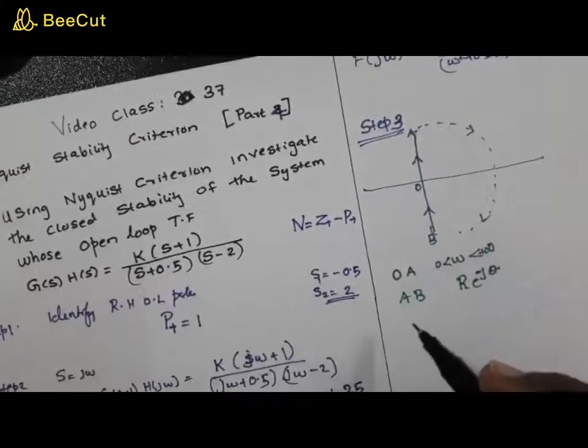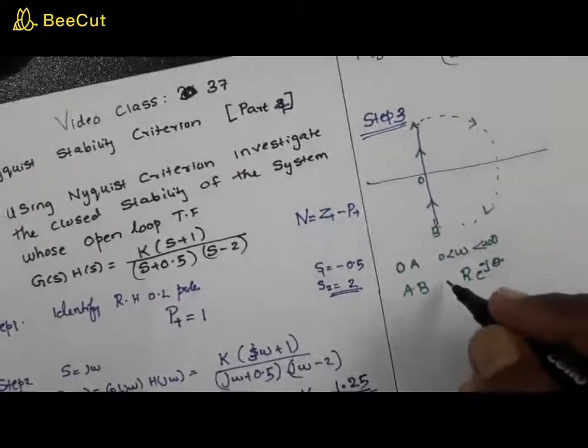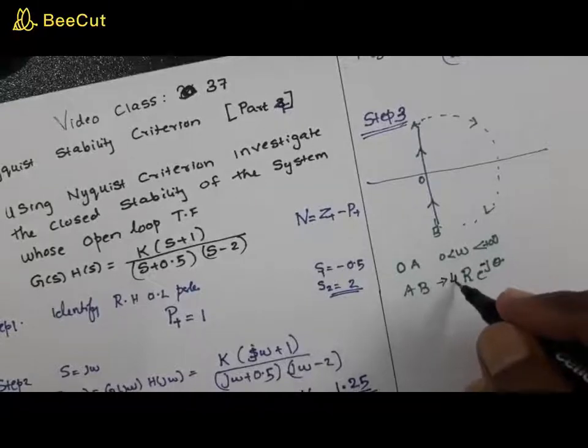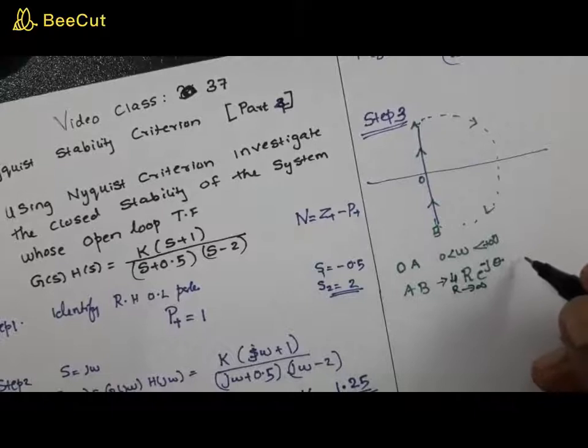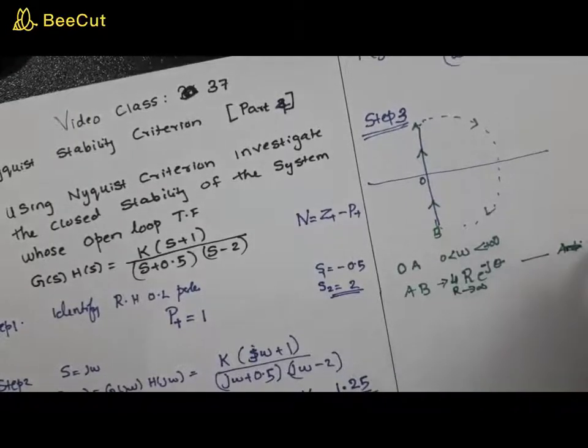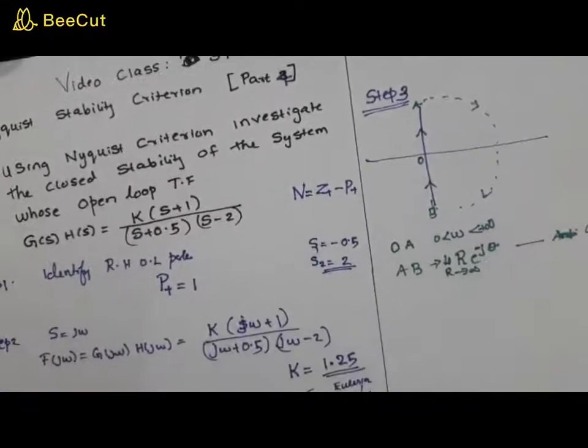So AB is nothing but the limit r tends to infinity of r e raised to minus j theta. It refers to a clockwise semicircle, right?